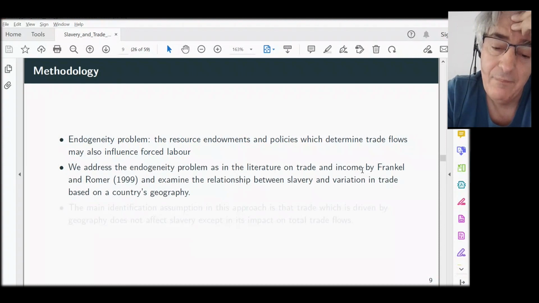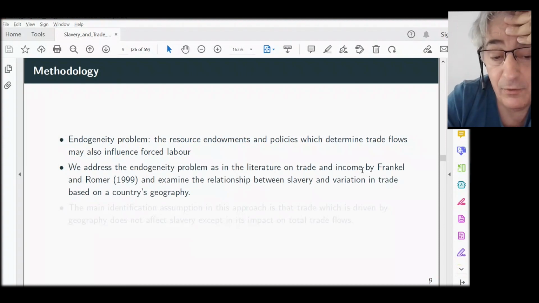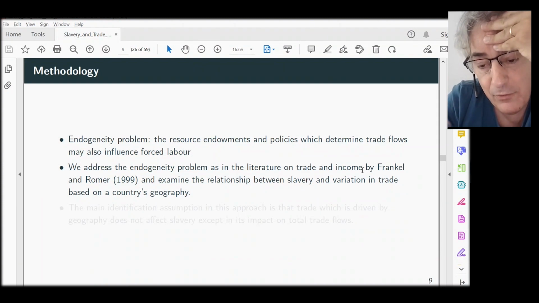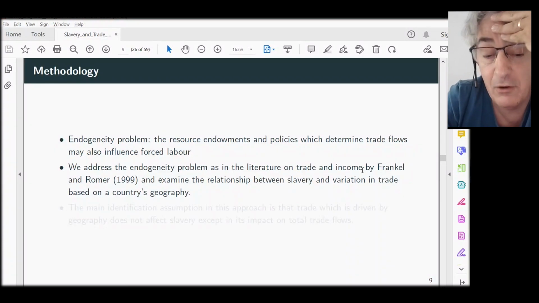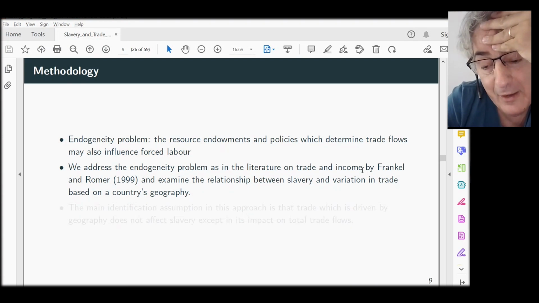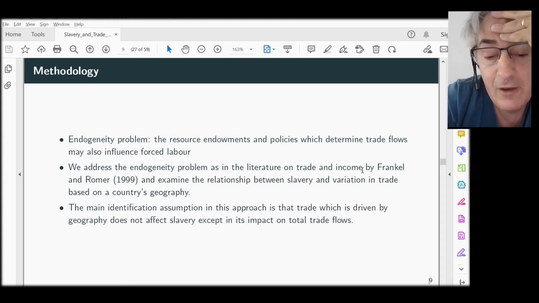In the trade literature, we use a form of predicting what is exogenous about the trade relationship between two countries that depends on the countries' geography. And we need to assume that these aspects of geography that are used to predict the level of trade between two countries are not correlated with the use of forced labor.